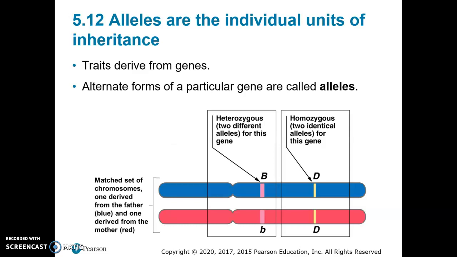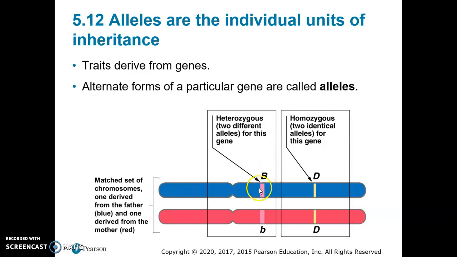I think we've already discussed that these are called alleles. So of the different forms of a particular trait or gene, we call these different forms alleles. So you might have the blue allele for eye color, and you might have the brown allele for eye color.